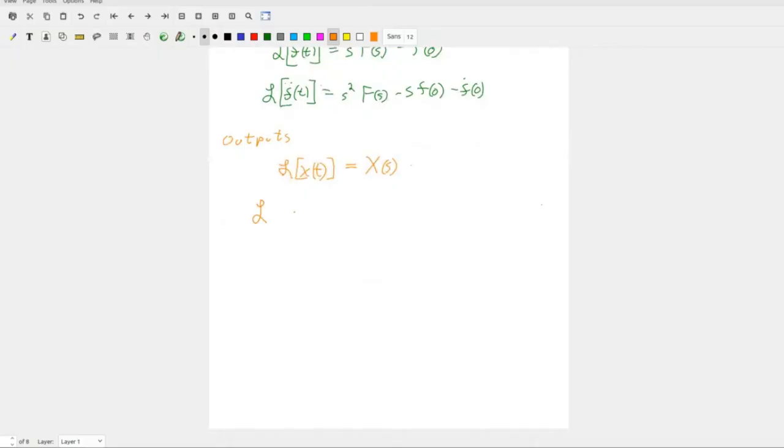And then our Laplace of x dot of t is equal to s X of s minus x of 0, and our Laplace of x double dot of t is equal to s squared X of s minus s times lowercase x of 0 minus x dot of 0. Just like before, but now with x's.